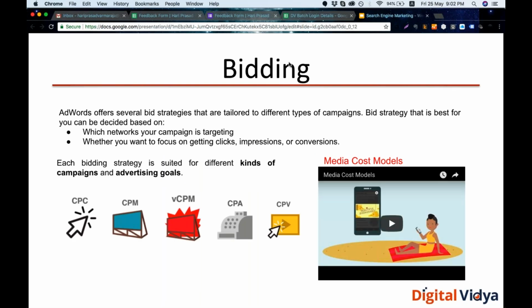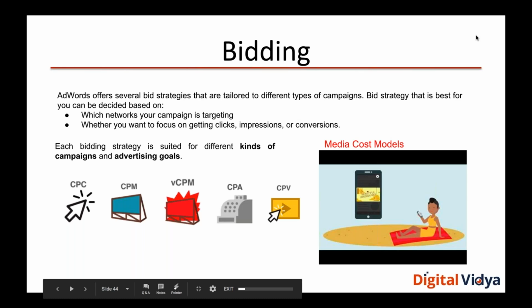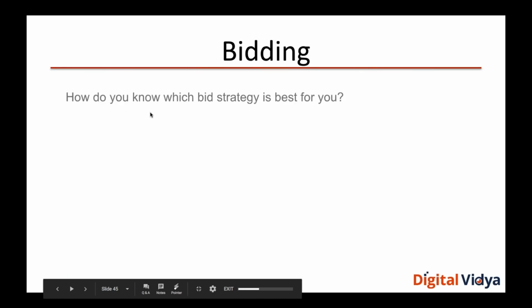Okay, was that clear? I'll just explain it one more time. The first model was cost per click, right?